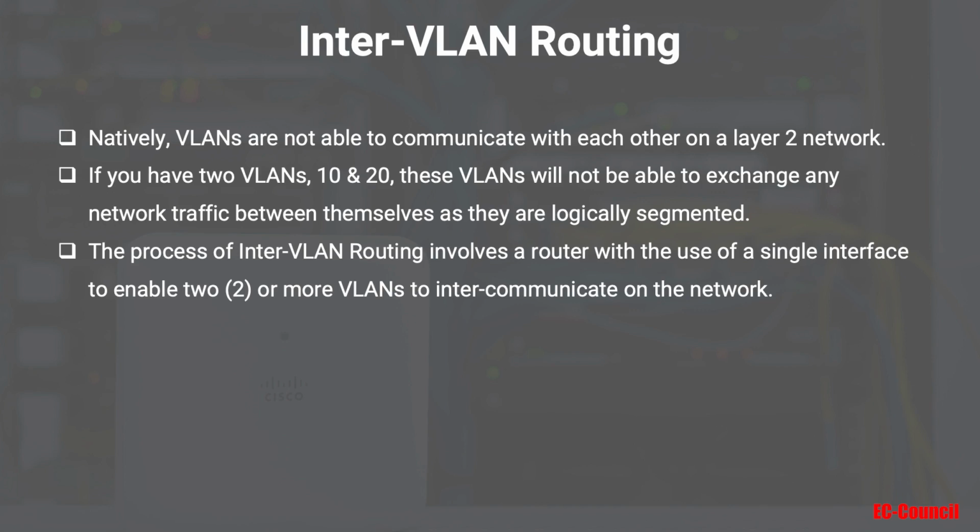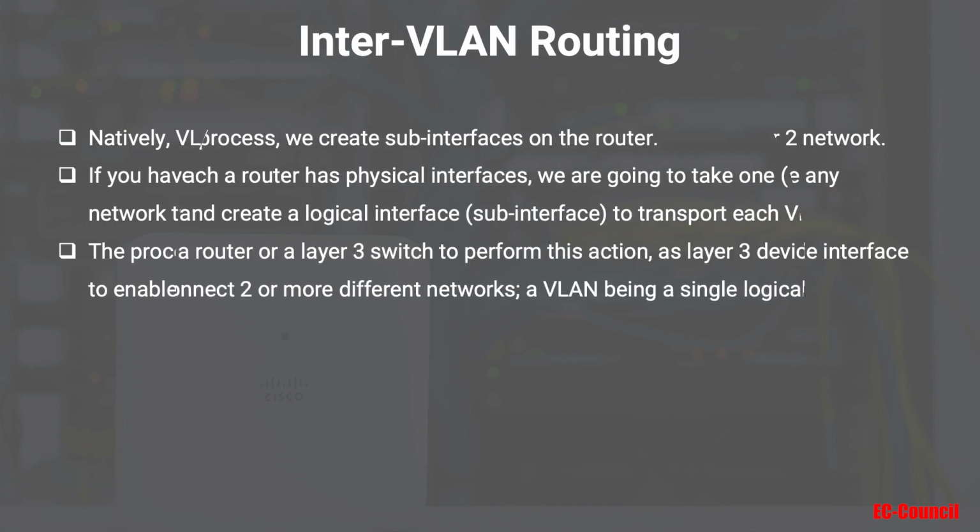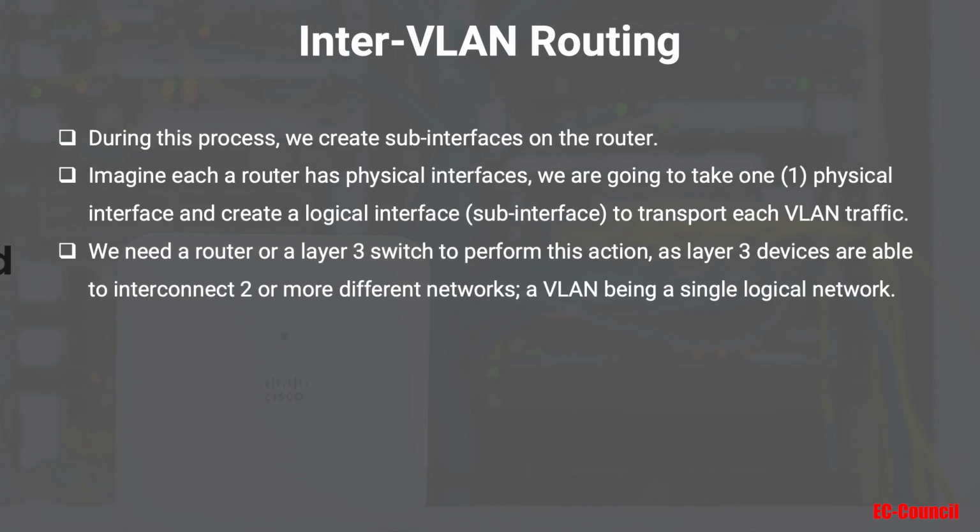The process of inter-VLAN routing involves a router, which uses a single interface, simply to allow one or more VLANs to intercommunicate. During the process of inter-VLAN routing, we have to create what we call sub-interfaces on a router.